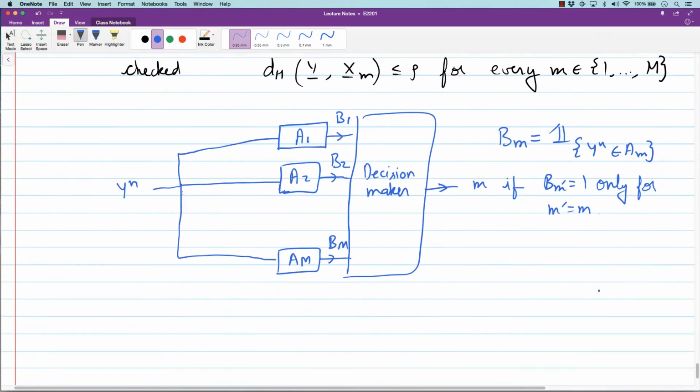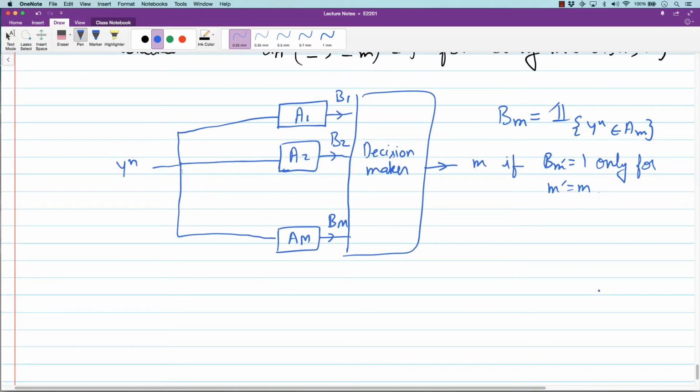That was our decoding structure, and therefore error can happen if there are more than one. So when can error happen?